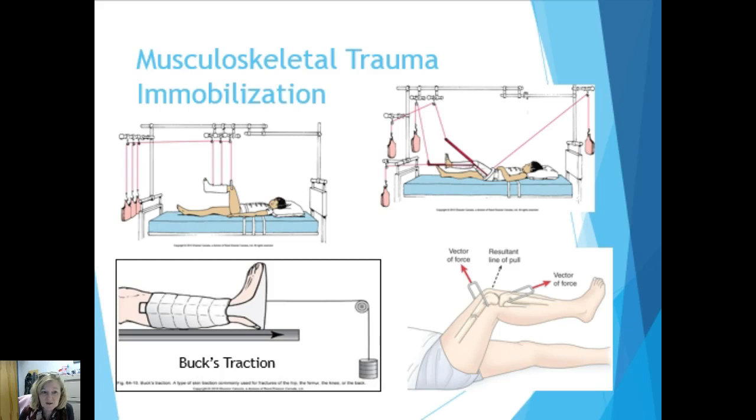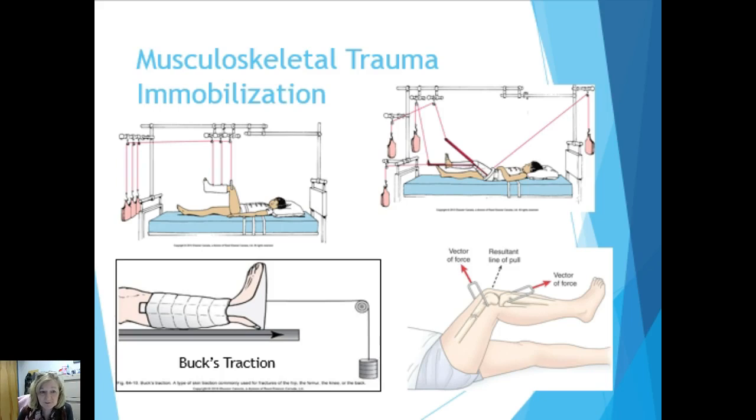It can be used to treat pathological joint conditions such as cancer. It can promote active and passive exercises, and traction can be used to expand a joint space during arthroscopy, during joint reconstruction surgery, so to allow more space in that joint to get an arthroscope in. So there's two types of traction.